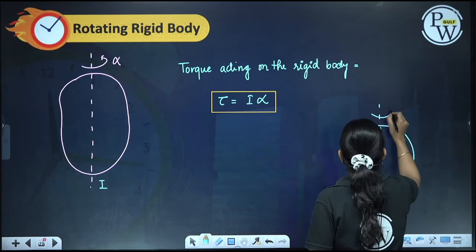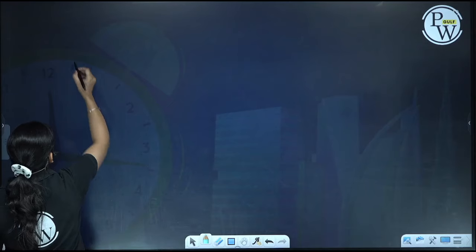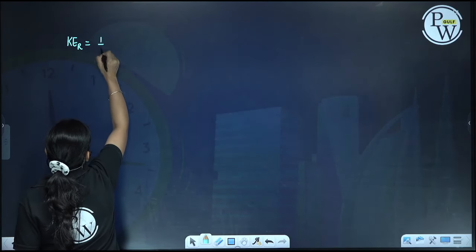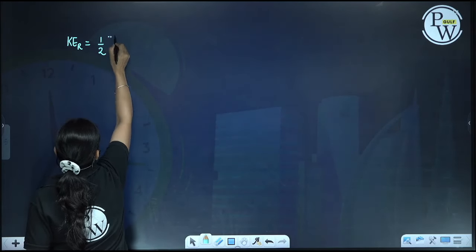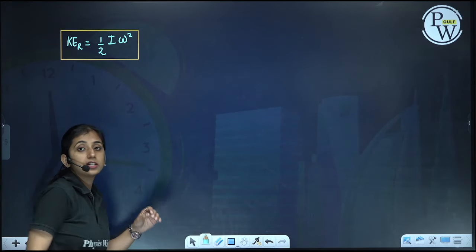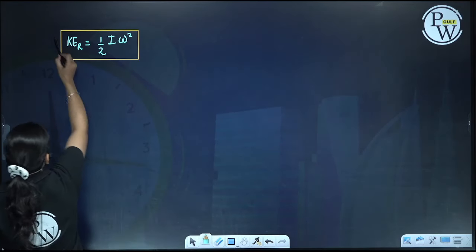You can derive them very easily. So KE rotational is equal to half I omega square. This is a very important relation, that rotational kinetic energy is half I omega square.